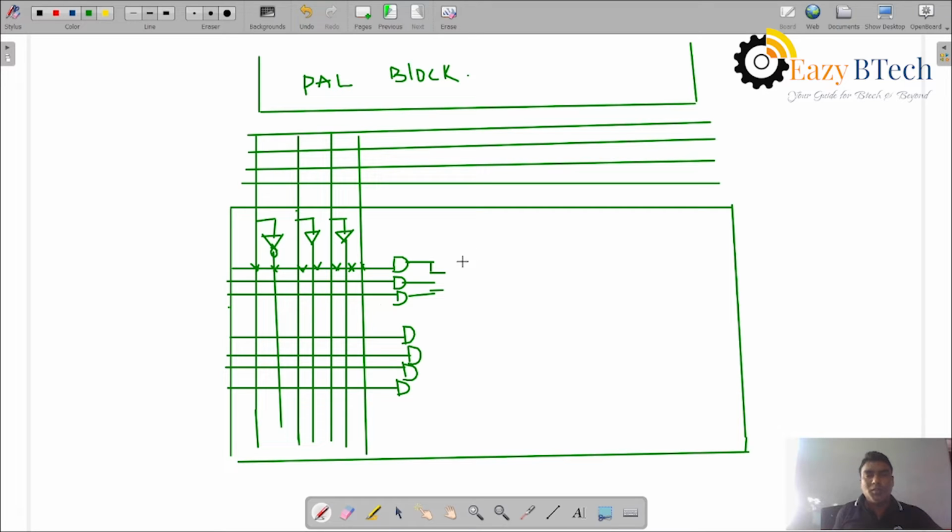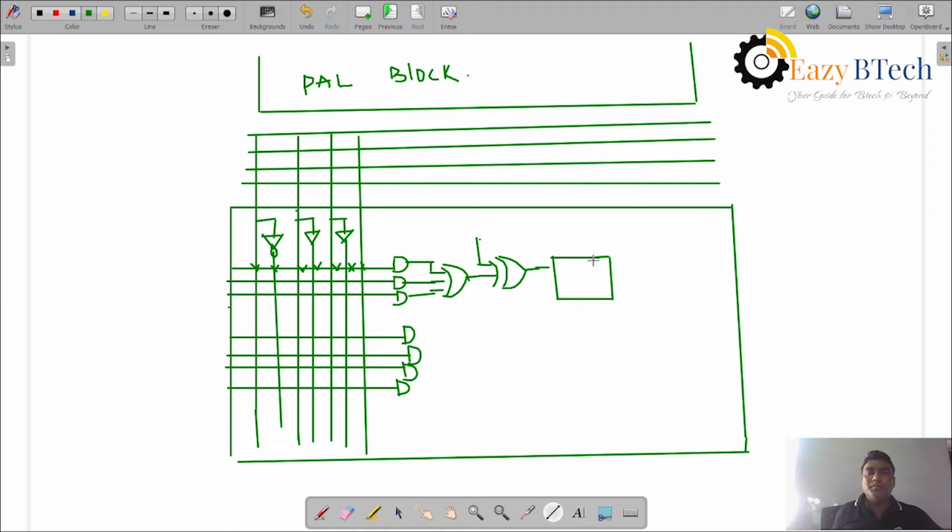Internally the PAL block is programmably connected, and after that it is the OR gate, which will be given to the XOR gate. The XOR gate output is connected to the D flip flop.